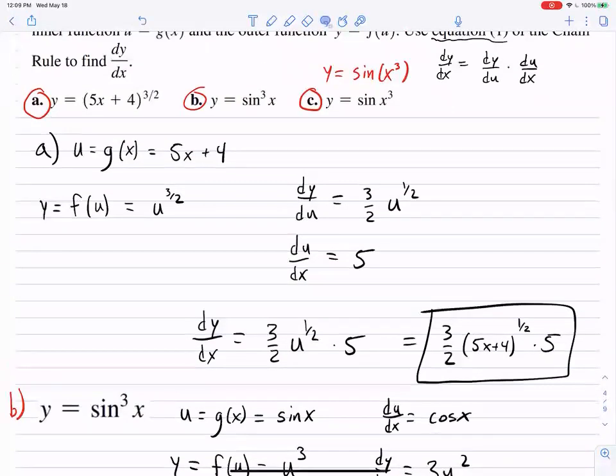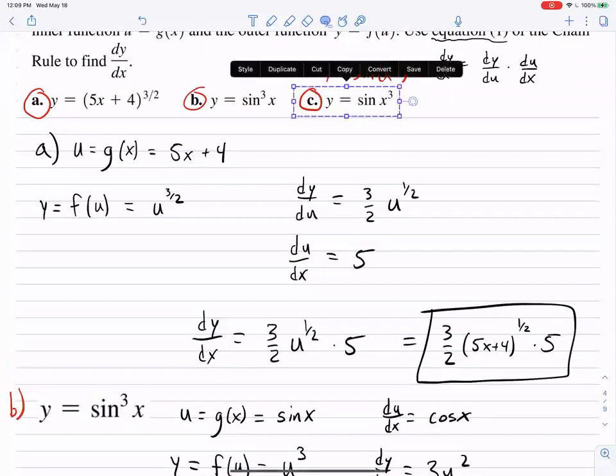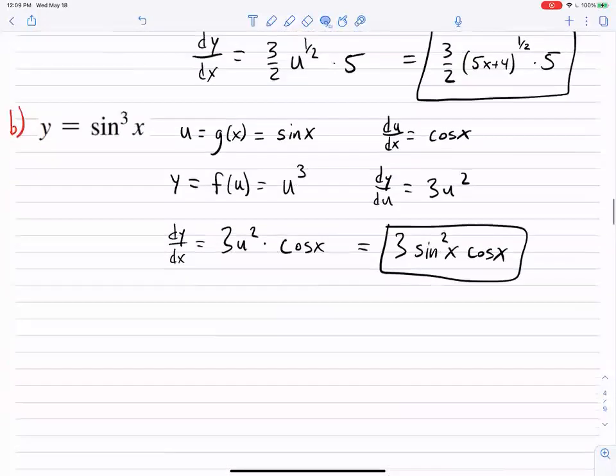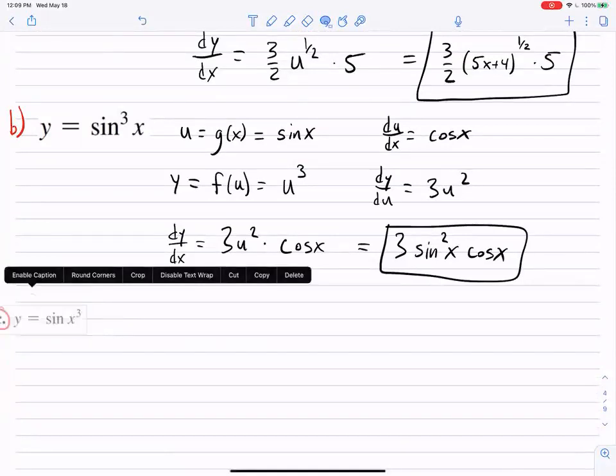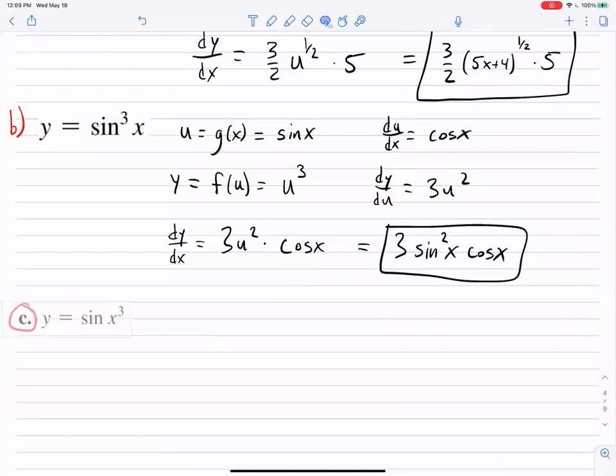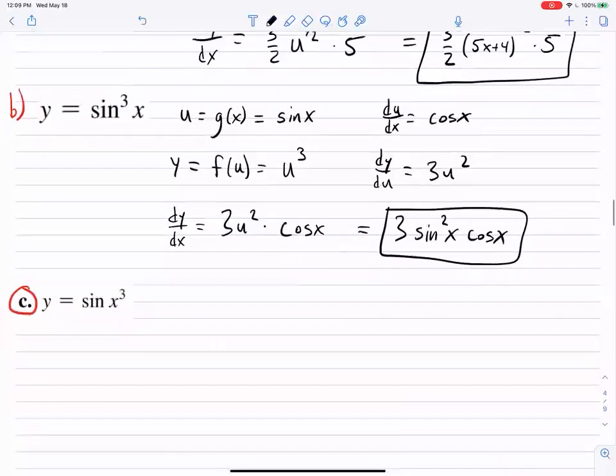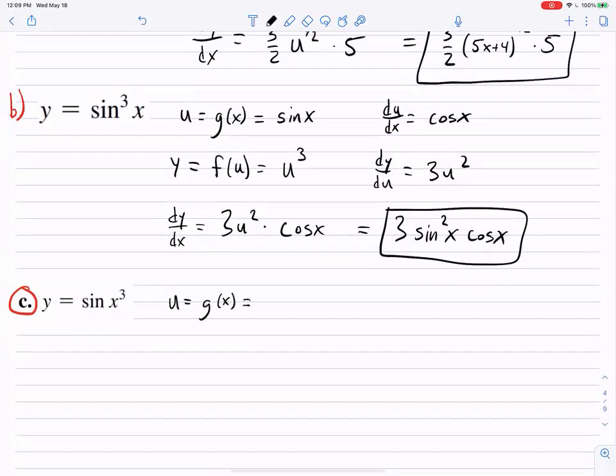Finally, let's do this one. So now it's sine of x cubed, not sine cubed of x. So now our u, which is g of x, is x cubed, and our y, which is f of u, the outer function, is going to be sine of u.